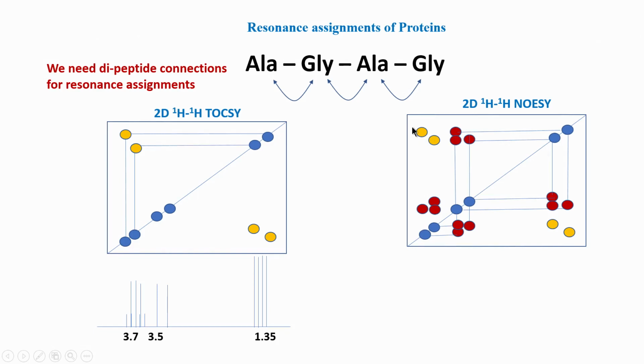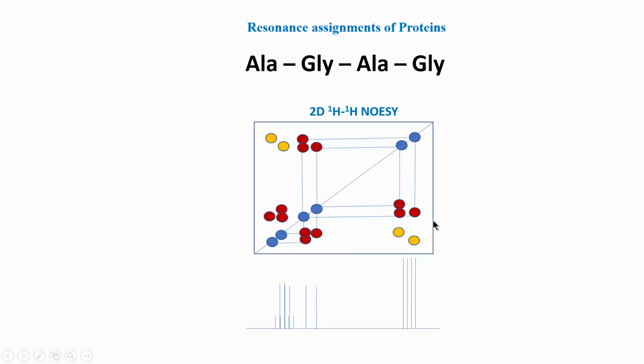You can see now these 2 peaks are coming from TOCSY. All the remaining peaks are from NOESY. Of course, this diagonal is the same as the TOCSY diagonal. Now let us pay a little more careful attention to these red color cross peaks, which I will show you in the next slide. Now look here. Basically you have 2 glycines here.